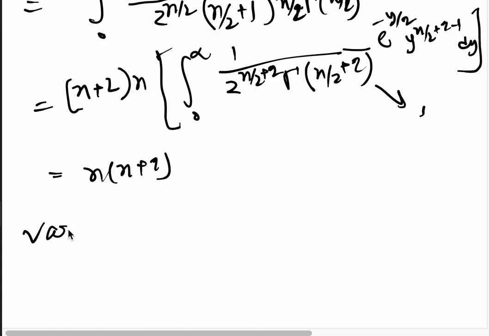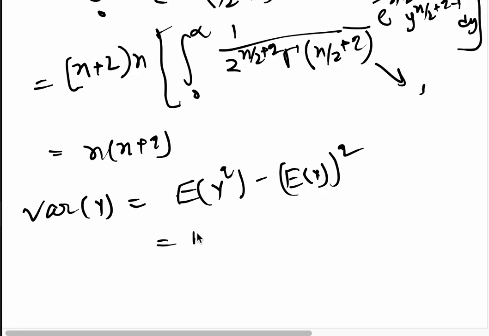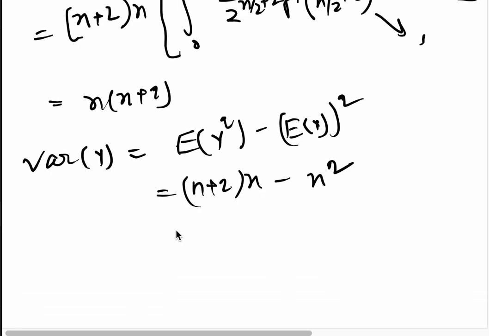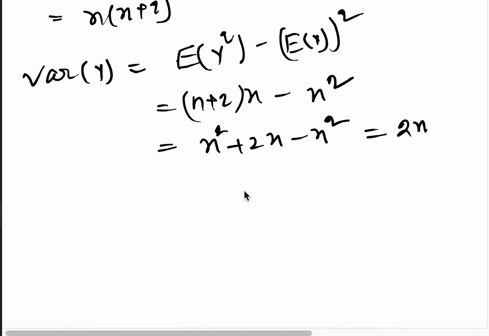Then the variance of y will be the expectation of y square minus the square of the expectation of y, so that is n into n plus 2 minus n square, which will be n square plus 2n minus n square, that is nothing but 2n. That's it. Now this is question number 2. Now let's move toward question number 3.